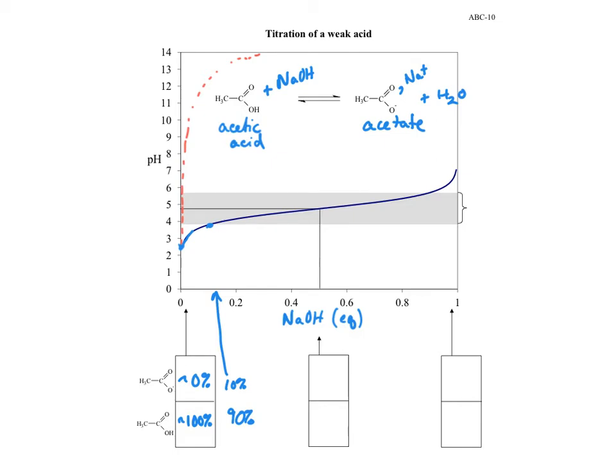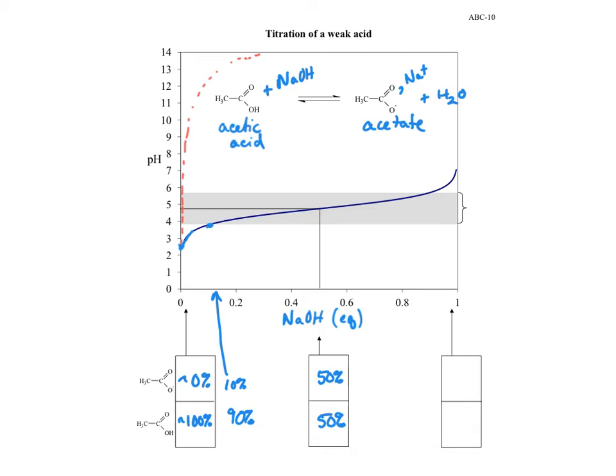So we've managed to keep the pH relatively unchanged, but it came at a cost. We used up some of the neutralizing acetic acid. We've lost 10% of it. Well, we can keep doing that, and we can add more sodium hydroxide. We can neutralize more of it, and eventually you get to the point where you've used up 50% of your acetic acid, and you have 50% base now.